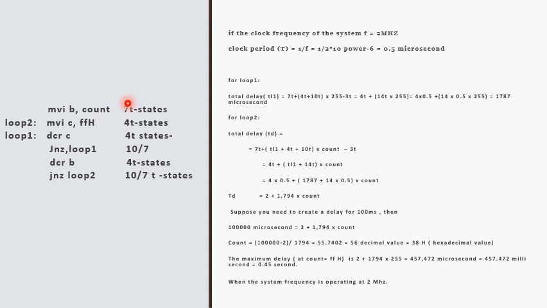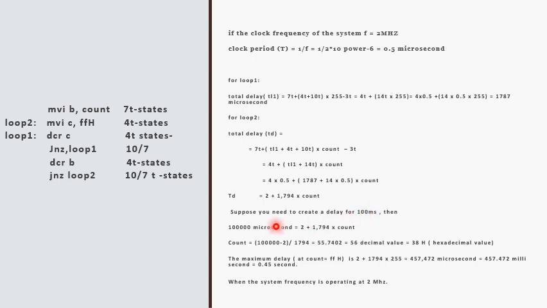Move immediate B takes 7 states, plus this loop 1's time taken TL1, plus this 10 plus 4, 14 T states into the count value. So it will be equal to 2 plus 1794 into count value.